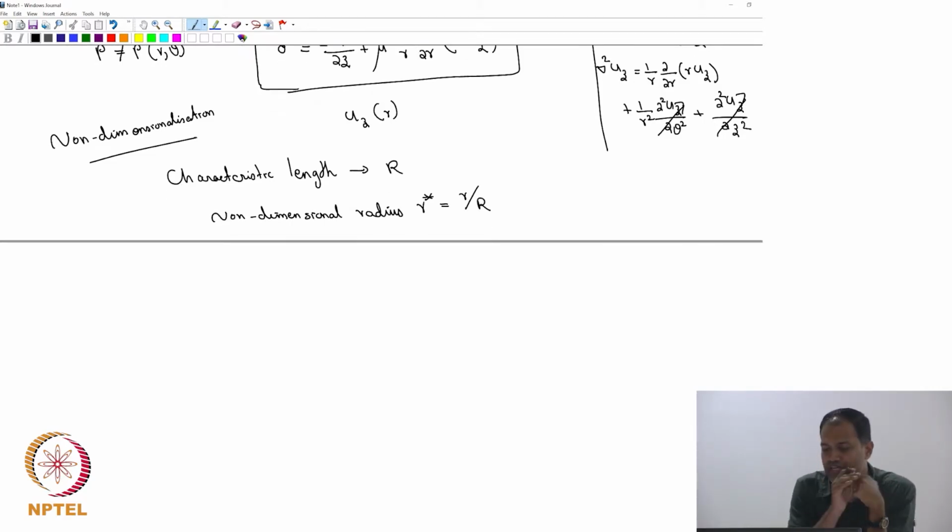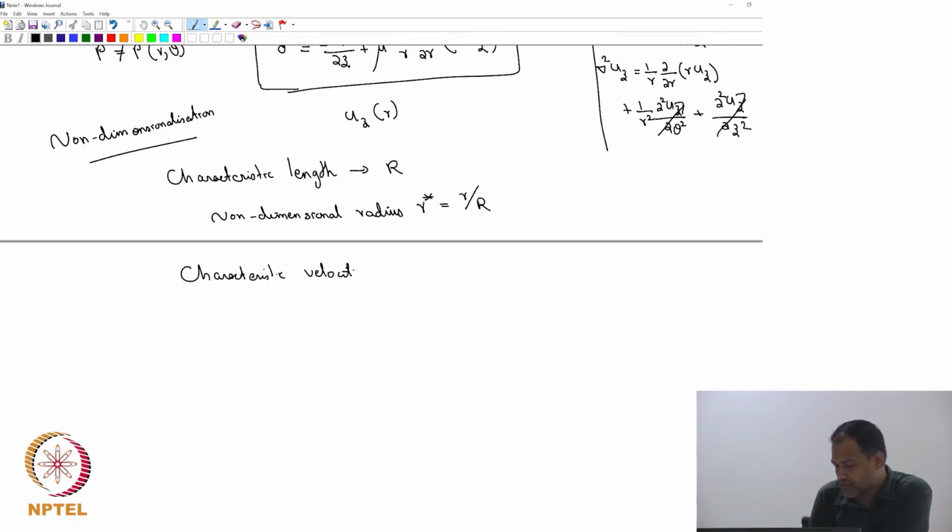The other one which we need is velocity. So, we need to get something called a characteristic velocity. What can be a characteristic velocity? What is the velocity at the radius of the pipe? 0. So, there is no point in taking that because we are going to divide by 0 and end up with problems everywhere.